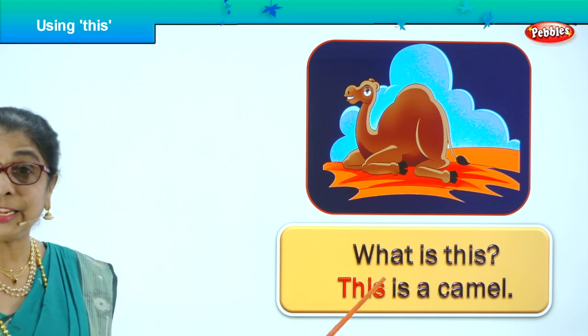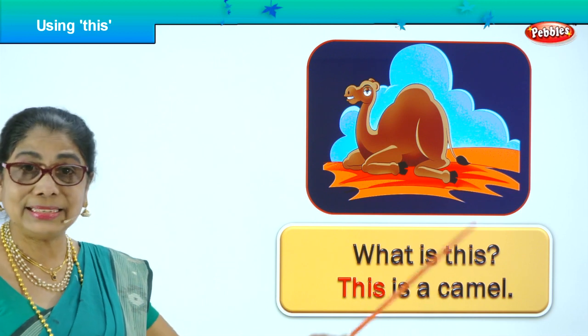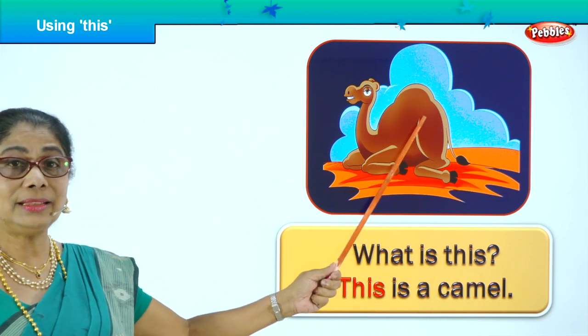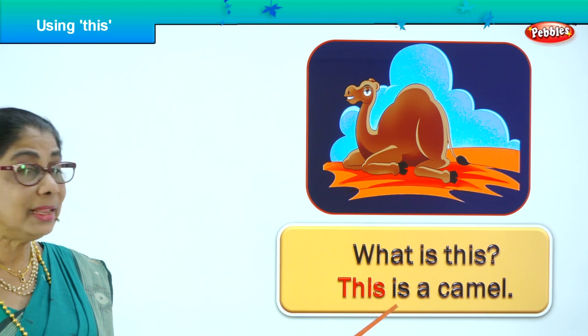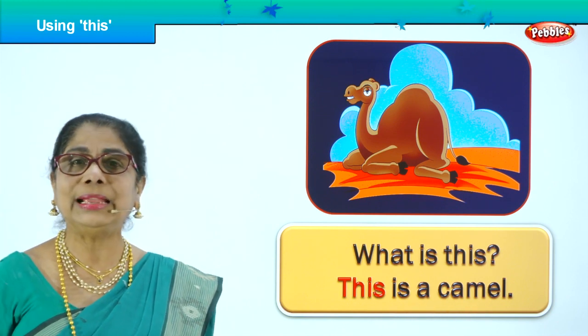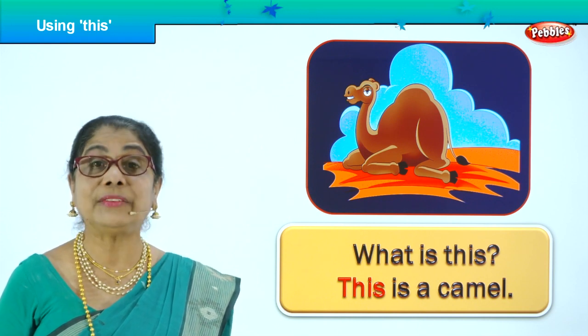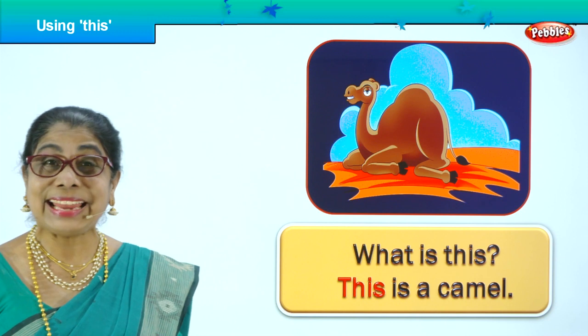Let's read the question. What is this? Answer, this is a camel. What is a camel? It's an animal that you find in the hot desert, wherever it's a hot, sandy place.